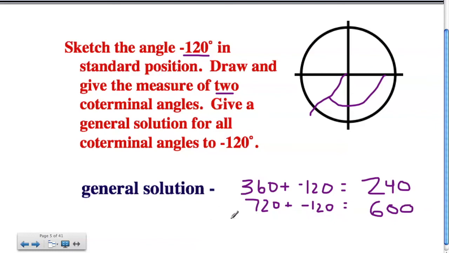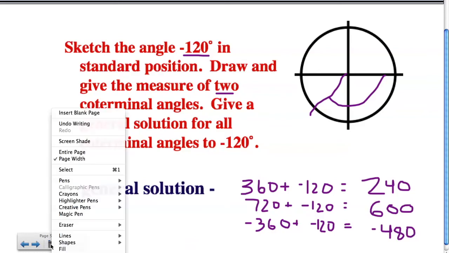You could have given me a negative 360, so you could have gone this way around. If you gave me a negative 360 and you added it to negative 120, the angle that was given to us, you could have an answer of negative 480. So there are lots of different answers you could have given me.